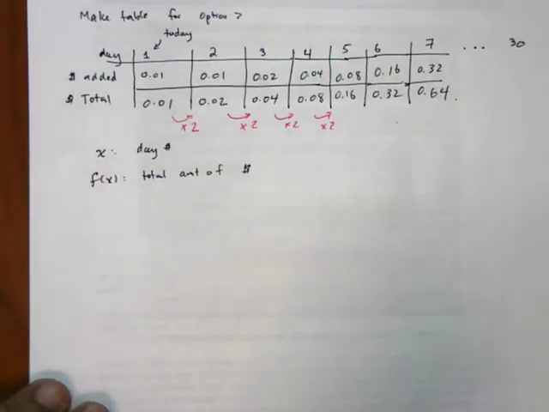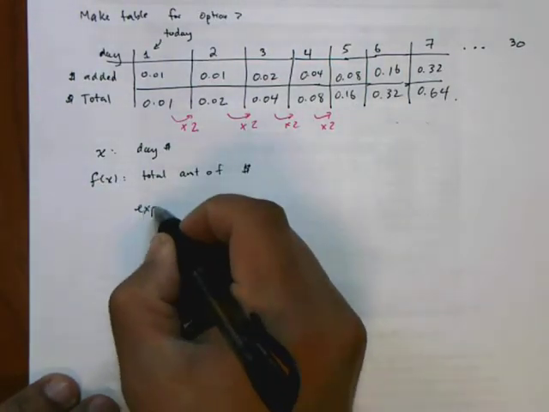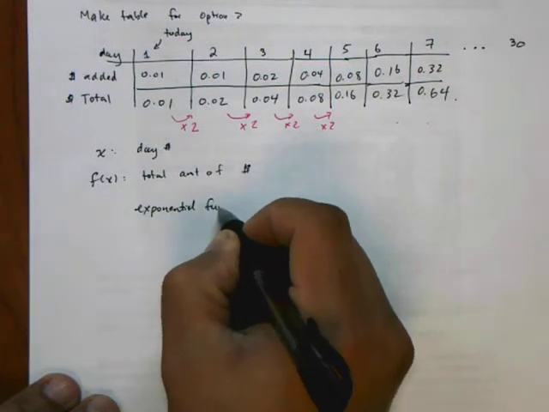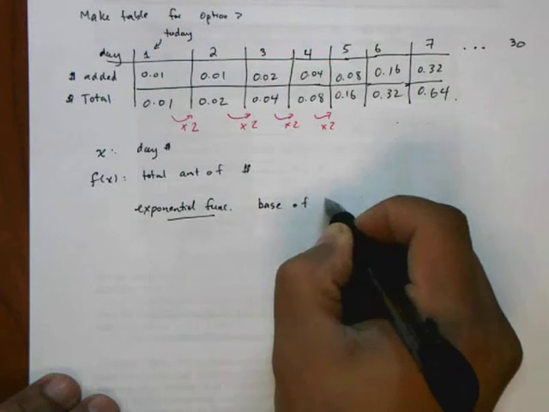This pattern is going to continue forever, for 30 days. So that leads me to believe that this is an exponential function. And it's going to have a base of 2.